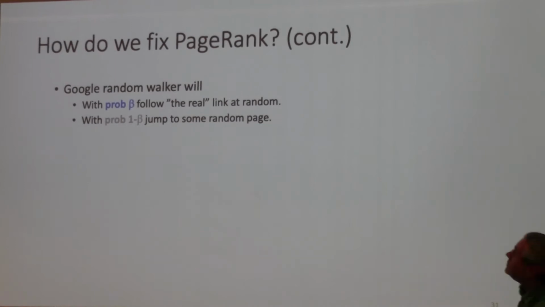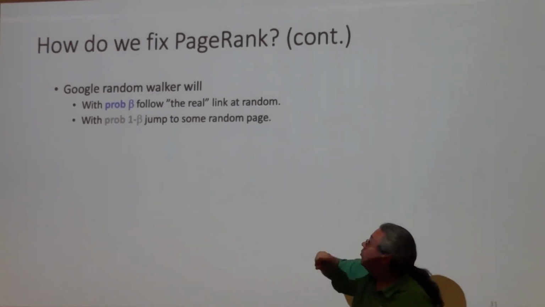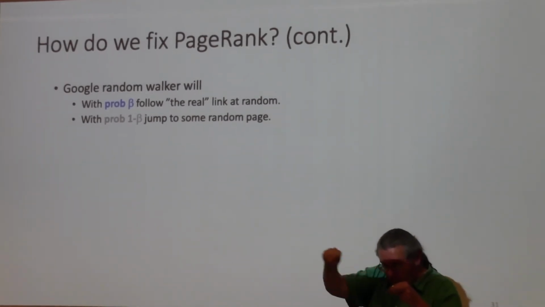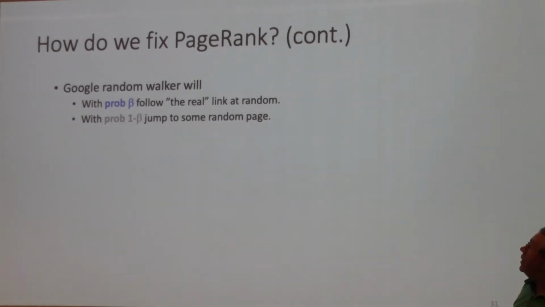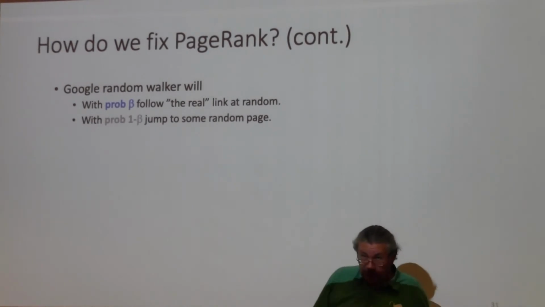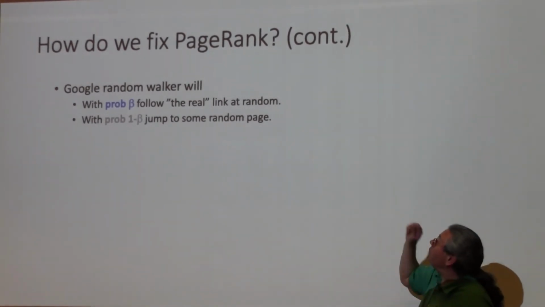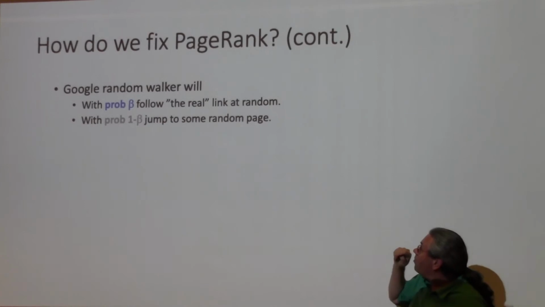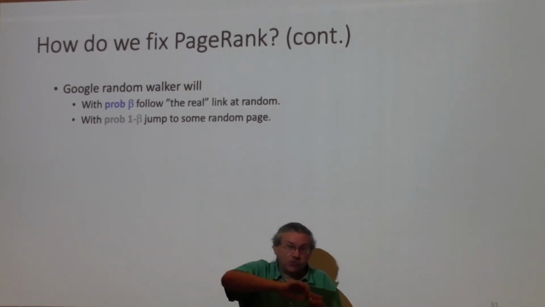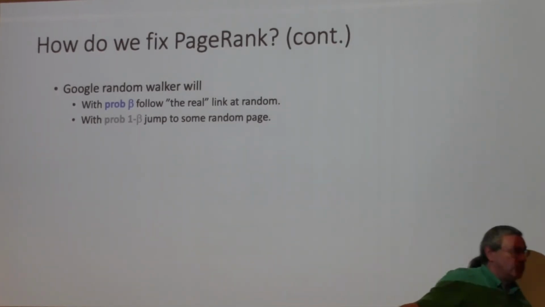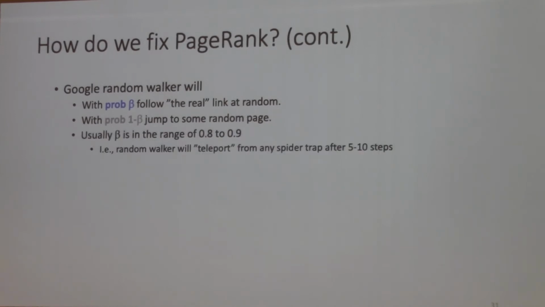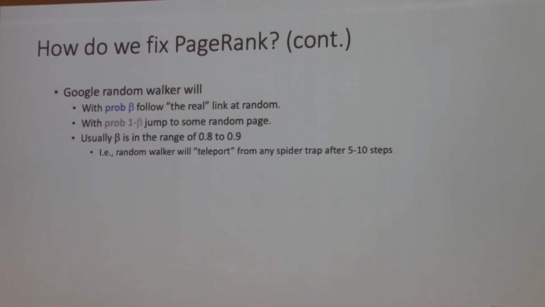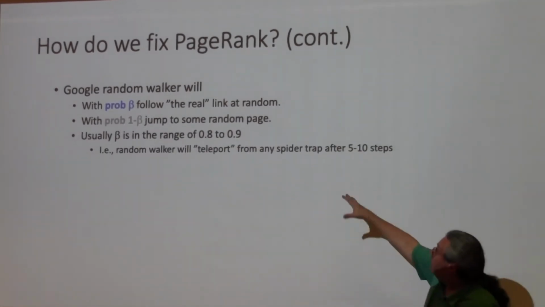So what happens is, the Google random walk will follow the real link with some probability. Now we're calling it beta. In the previous lecture, I called it S. It follows the link with probability beta. With probability 1 minus beta, it just jumps to a random page, which models the water flowing down and the evaporation. And beta is going to be 0.8 to 0.9.